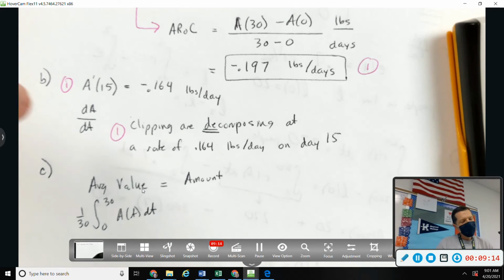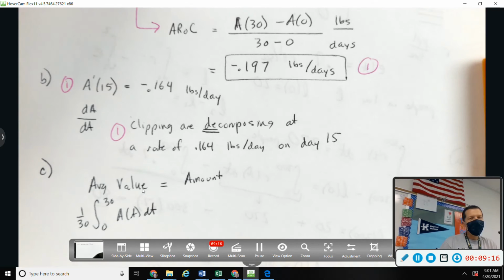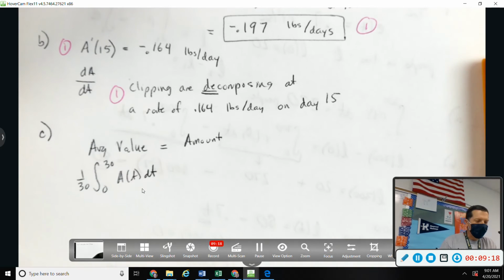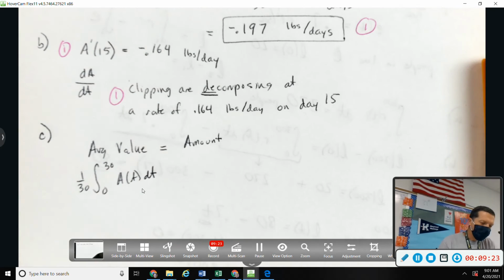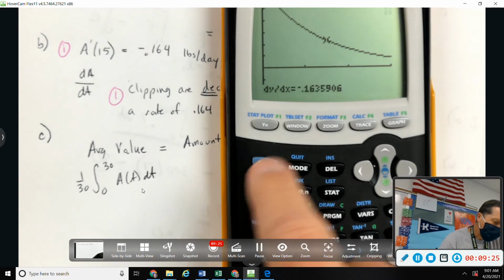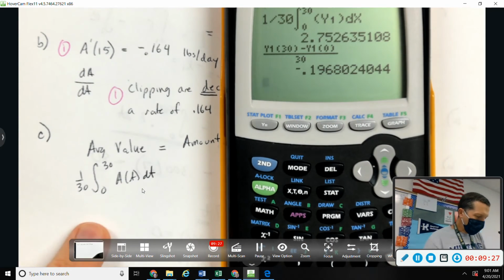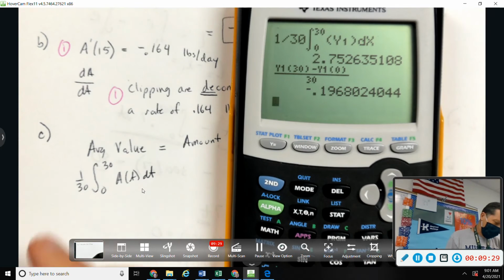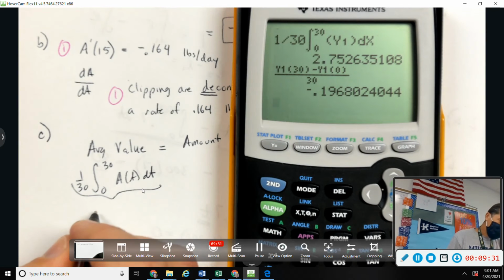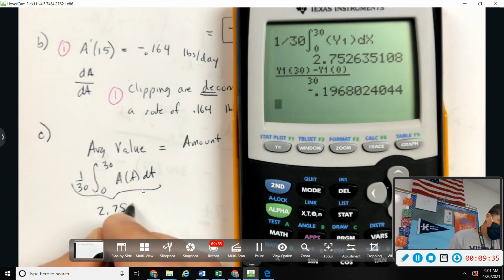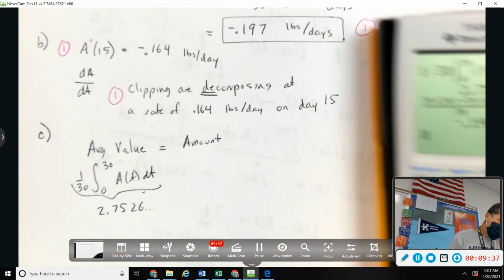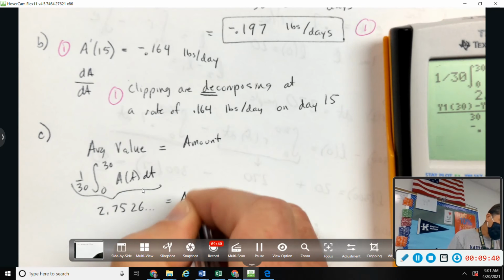Hopefully if I was working this problem and I hadn't already caught that mistake I made earlier, hopefully I'd think, wait a minute, average value, average rate of change, average value again. Hopefully I'd figure something out. So my average value, we accidentally found earlier, was 2.7526, and we want that to equal the amount.